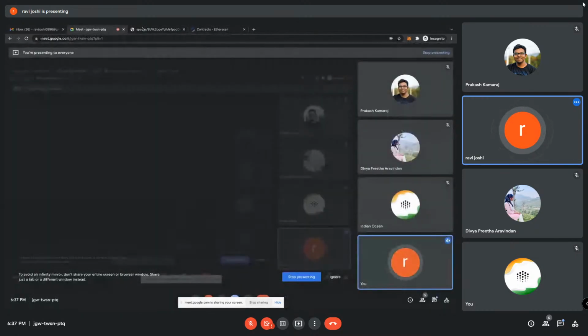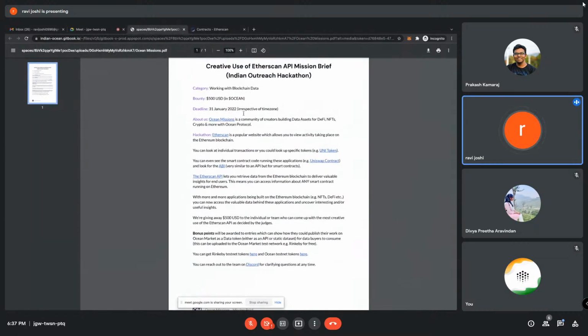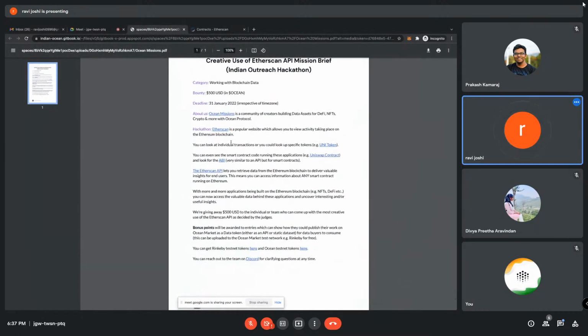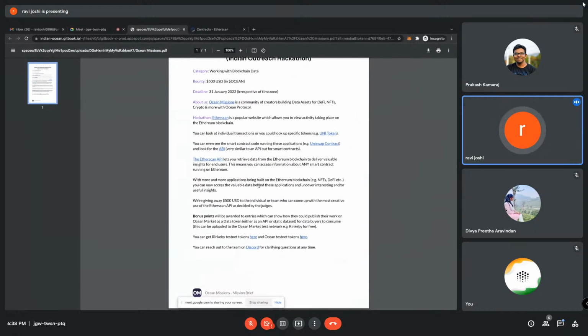I'm not sure, but this can be one example of what we can do. There can be many more, and we can create different segments and different products on these APIs in our Ocean protocol.